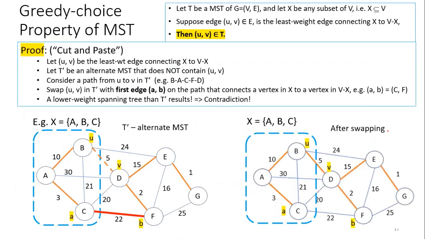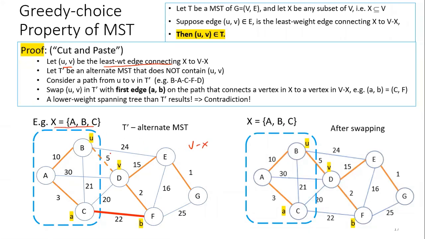We're going to do this in a slightly different way. So here is the cut and paste. It's almost the same, but slightly different in how it ends. So let's assume that this was the original minimum spanning tree T, and we let UV be the least weight edge that connects X to V minus X. So this is V minus X, and X is the example 2 case.